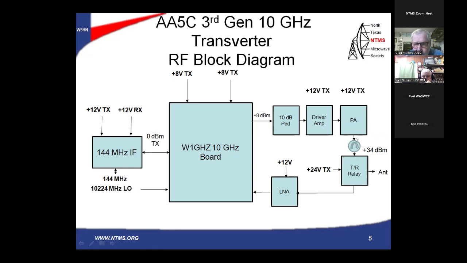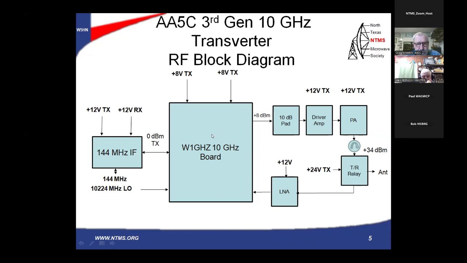That feeds an isolator, which feeds the TR relay. On the receive side, basically you come in from the TR relay to an LNA to the W1GHz board. And of course, the LO input to the 10 GHz transverter board.